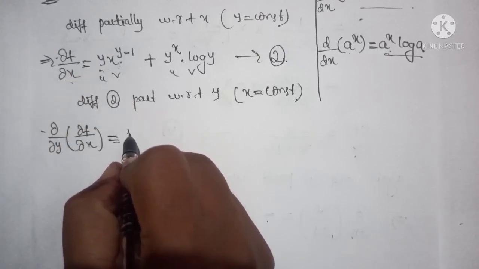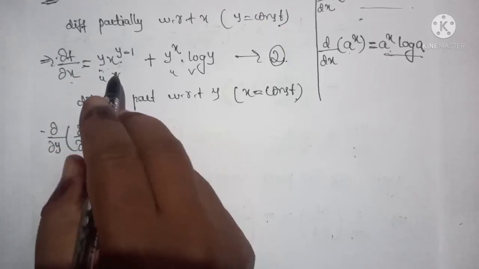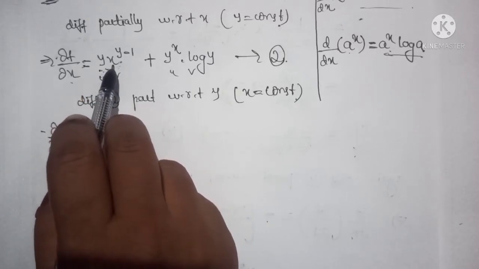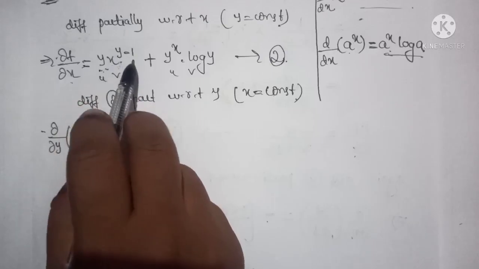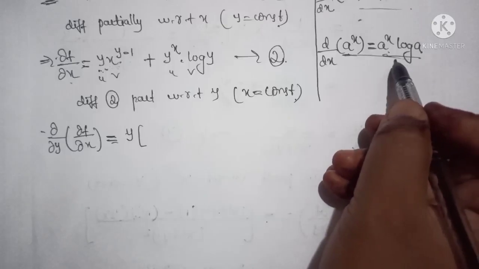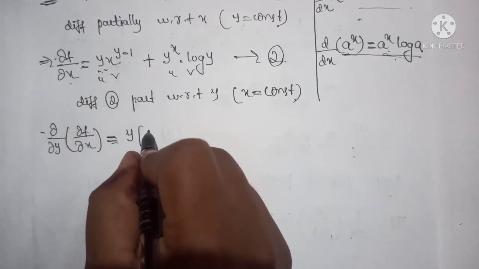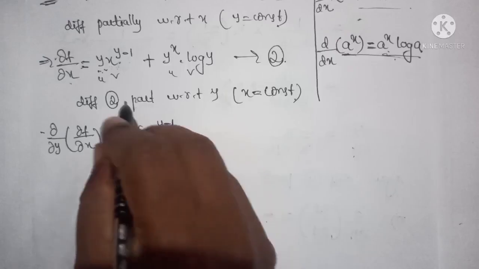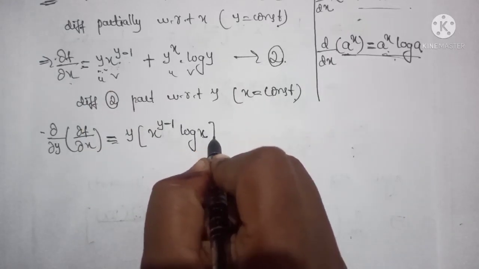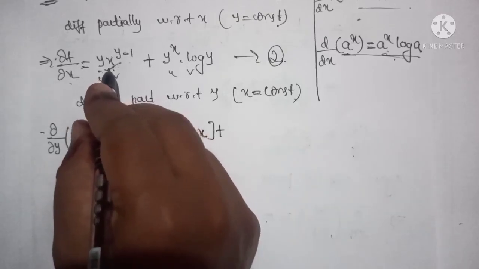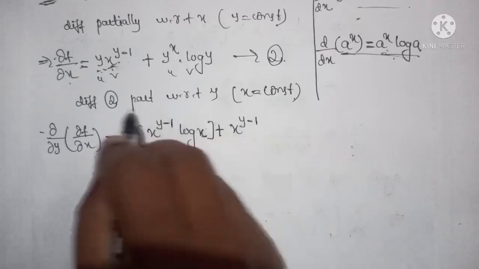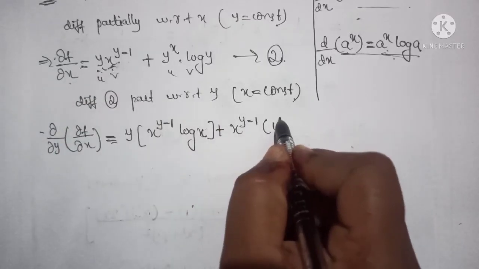First function as it is, differentiation of second function. The second function, you can observe, has a constant base and the power is a function. So since the base is constant we apply this formula, so that is x raised to y minus 1 as it is, log of a means log of x, plus now v as it is, that is x raised to y minus 1 as it is, differentiation of y is 1.